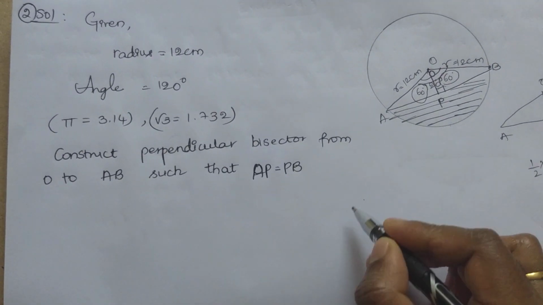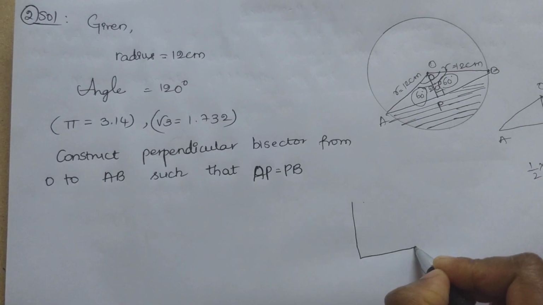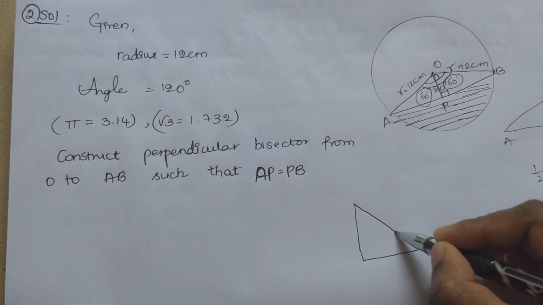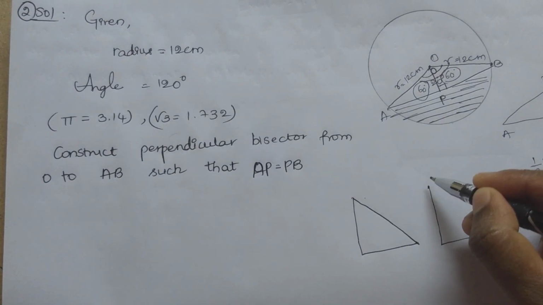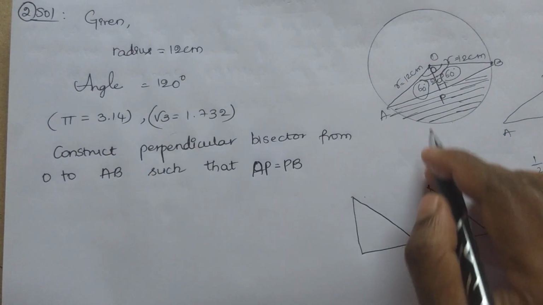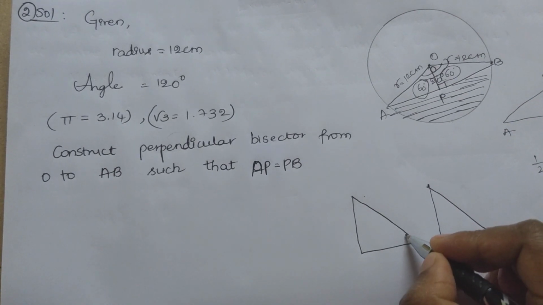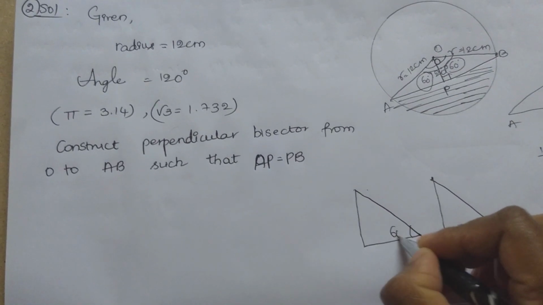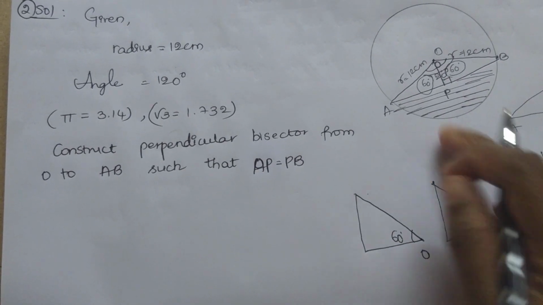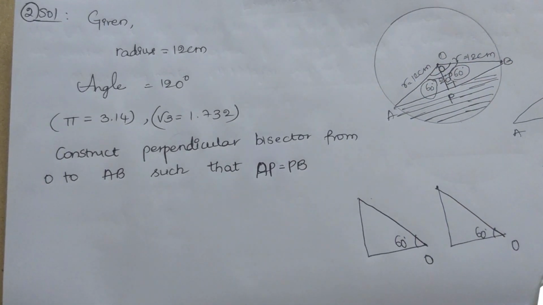I am drawing the two triangles side by side so that it's clear to understand. Consider this O, and here also O. This is 60 degrees and this is also 60 degrees, because I am taking two triangles side by side.